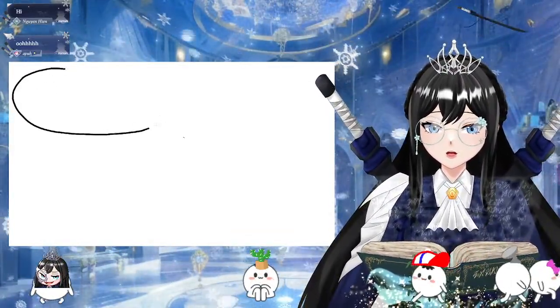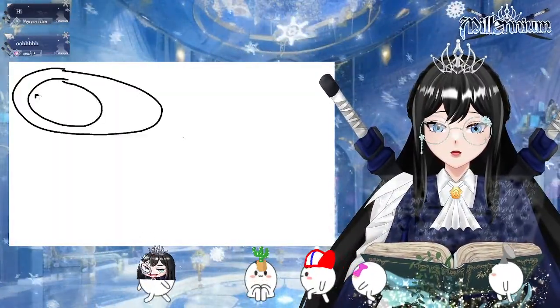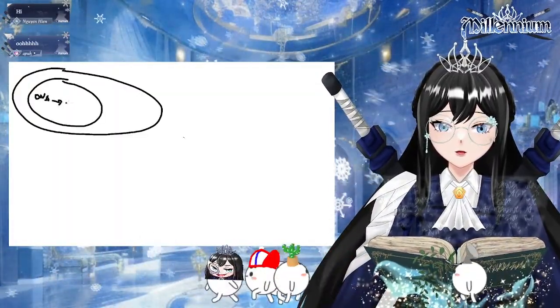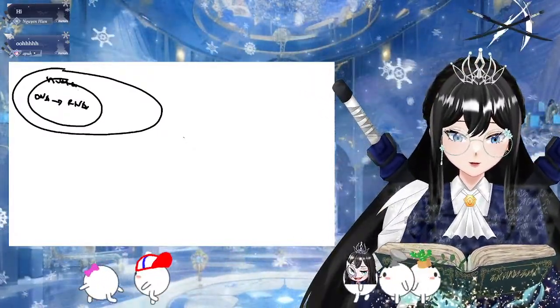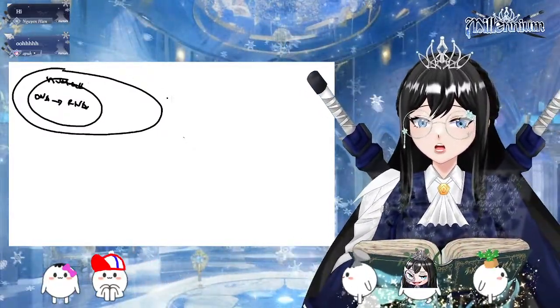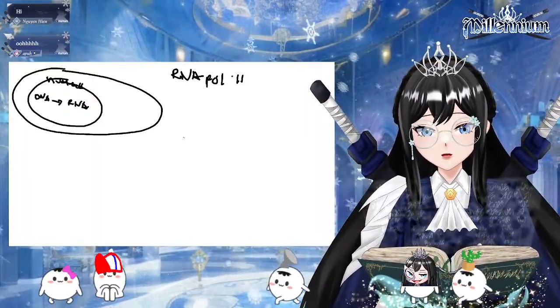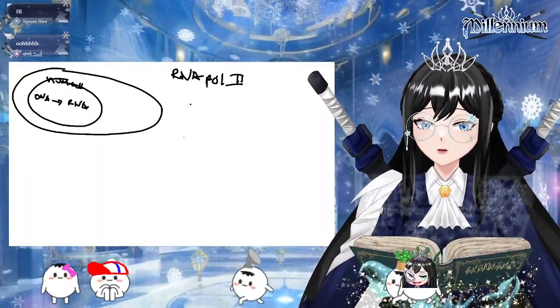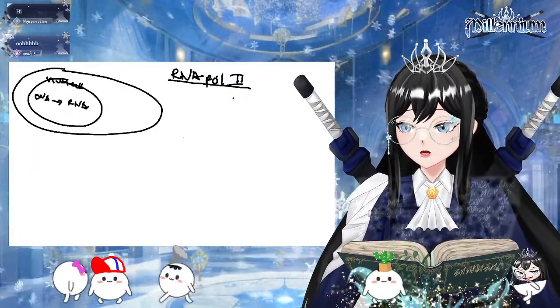So if you have the cell here, and this is the nucleus, DNA to RNA, that is inside the nucleus. And the important enzyme is RNA Pol 2. The enzyme for transcription, again, what is it? RNA Pol 2.